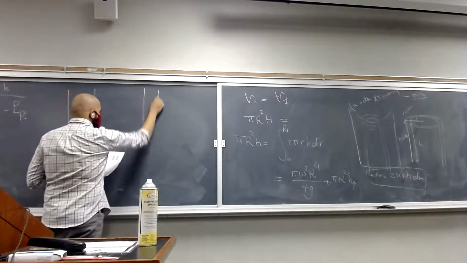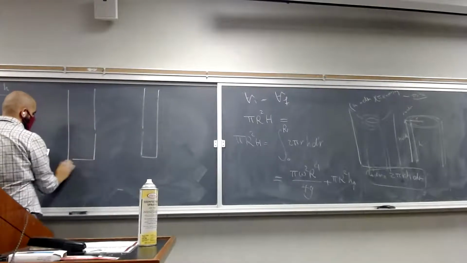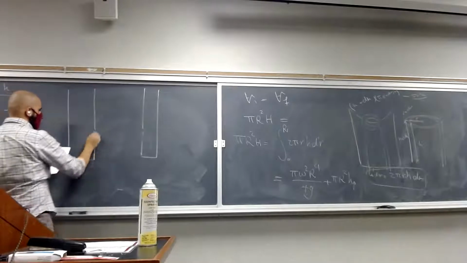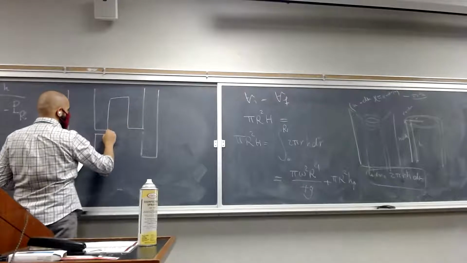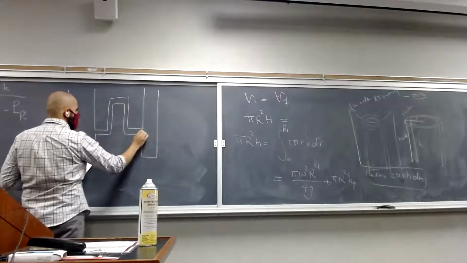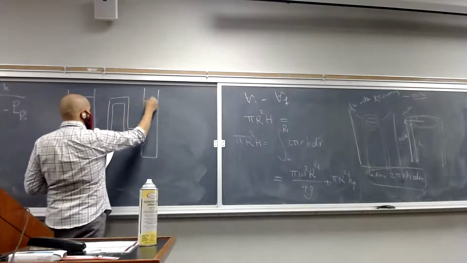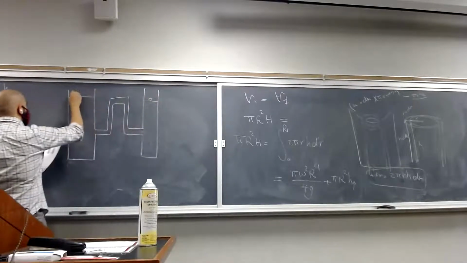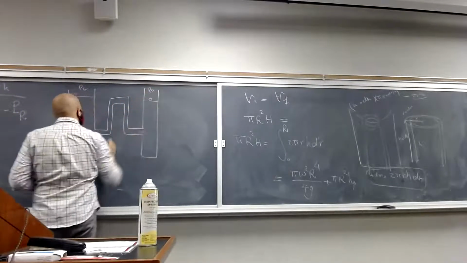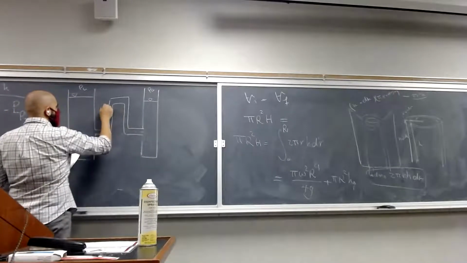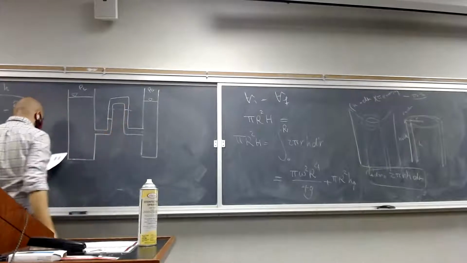We have two columns of fluid. We have two free surfaces here, PL, PR. And then the manometer fluid is a different fluid than the two fluids.